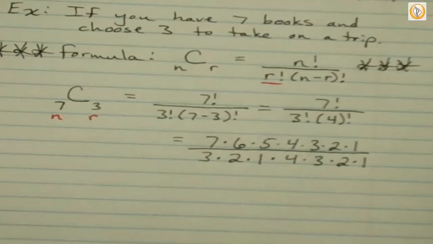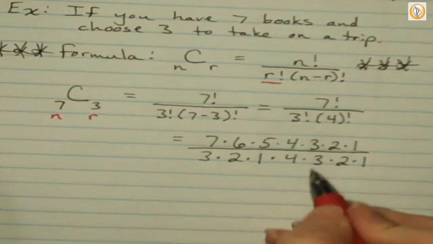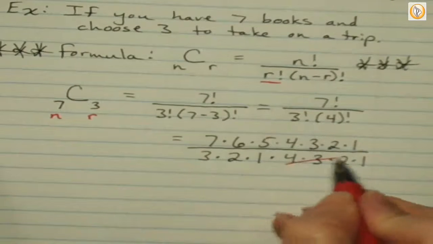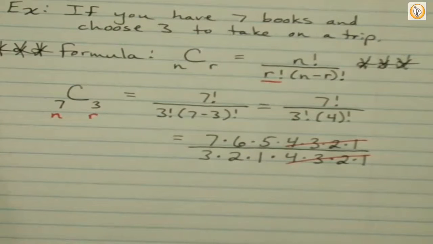Okay. So now we start doing our cancellation, but I need y'all to watch how I do this. Look right here. See how we can cancel the 4, 3, 2, 1 out? See how I did that? I'm going to take the most out first. Now, watch this.